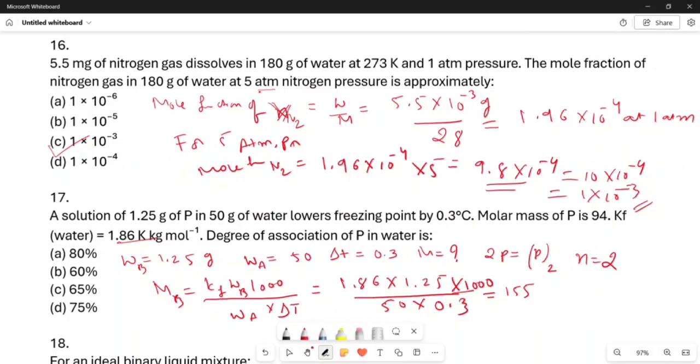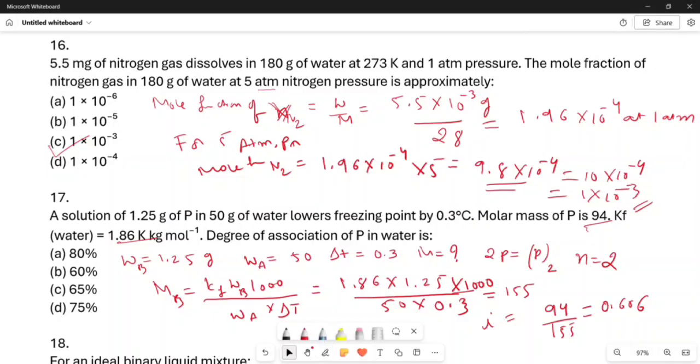Then we know that i, the Van't Hoff factor, is normal molar mass divided by abnormal molar mass. So normal molar mass is given here as 94. I calculated the abnormal molar mass, that is 155. So 94 divided by 155 is 0.606.